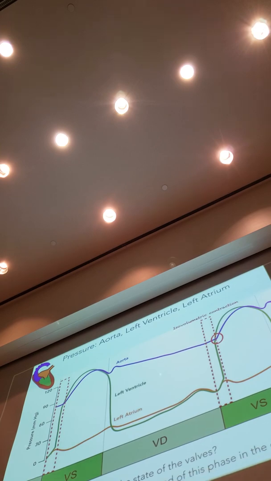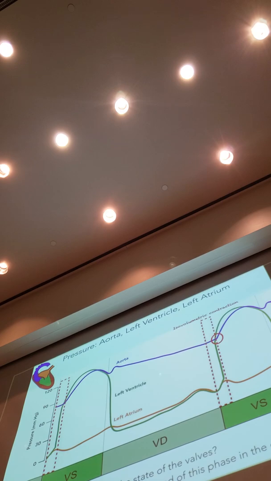The valve's going to open. Why is the valve open now? Yeah, we've got a reversal of pressure. Before, in filling, the aortic pressure is much higher than the ventricular pressure. What's happened here? Ventricular pressure has built, and now it's going to surpass the pressure in the aorta.